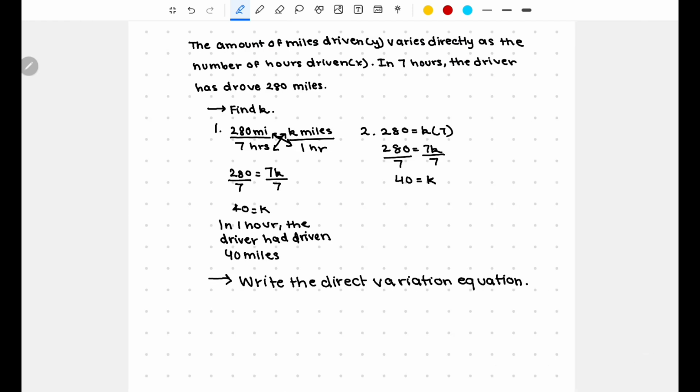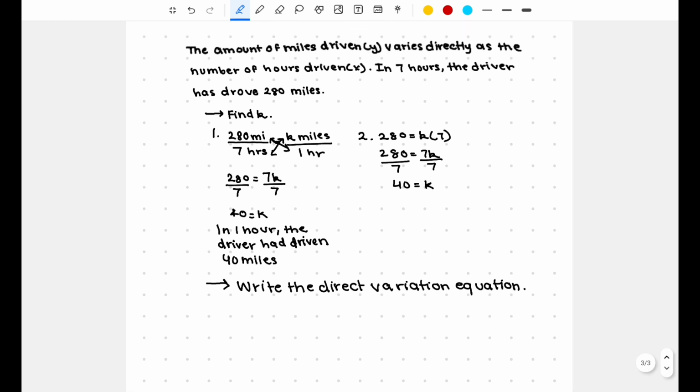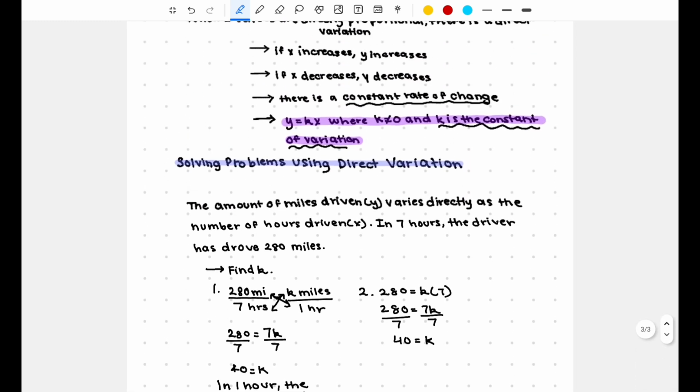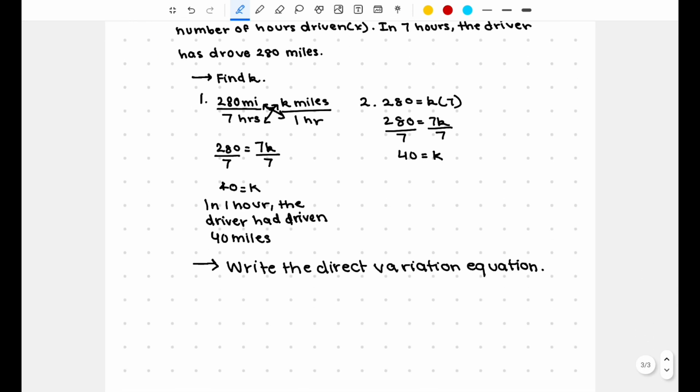Now we are going to write the direct variation equation. When we looked at the equation y is equal to kx, k is not equal to 0, k is the only real value that we actually have to plug in an actual number for and not leave as the variable.